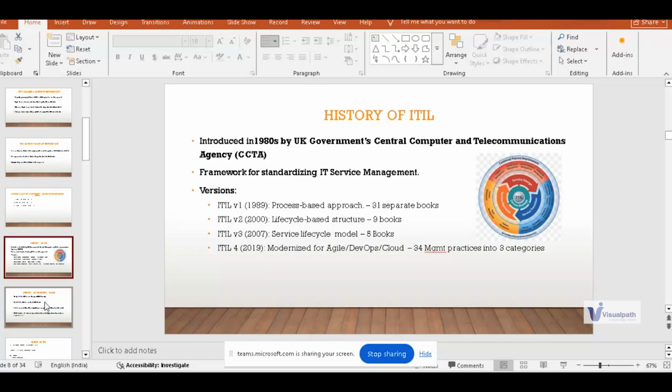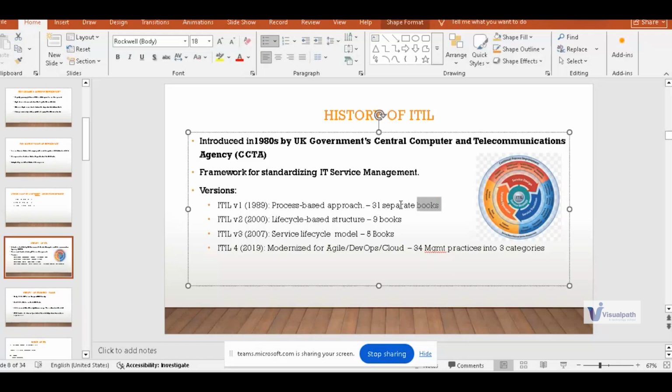Those best practices were put into 31 books in 1989, a process-based approach. Then they reduced it to 9 books, and then ITIL V3 became very popular.